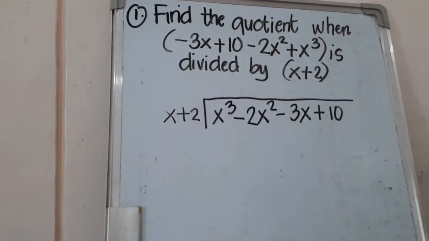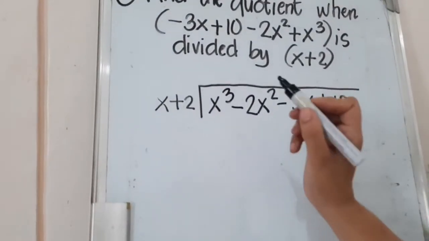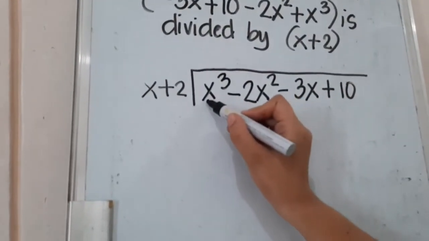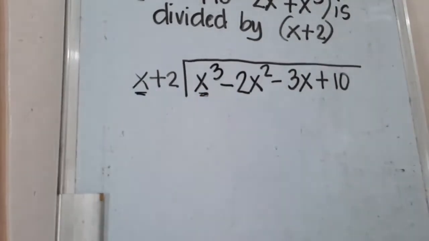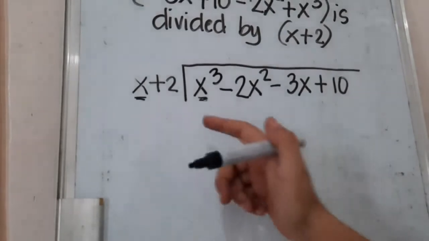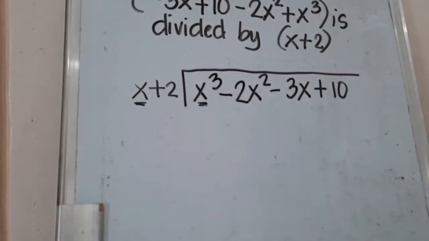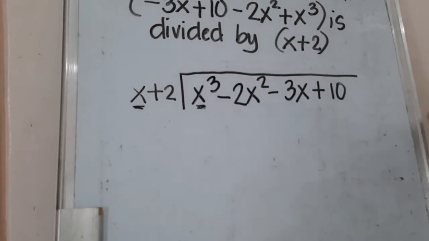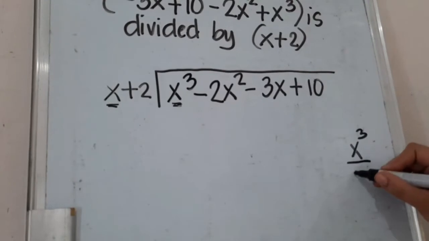The first step we are going to do is divide the first term of the dividend by the first term of our divisor. I repeat, divide the first term of the dividend by the first term of our divisor. That's it. If you have scratch paper, we can do this one. x cubed divided by x.